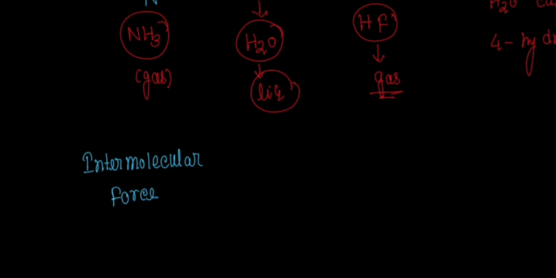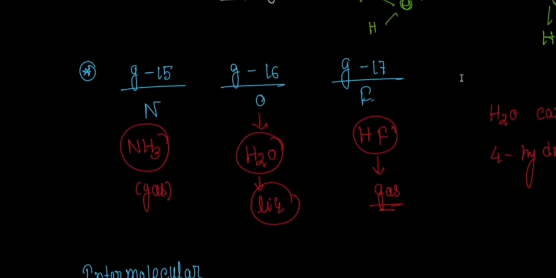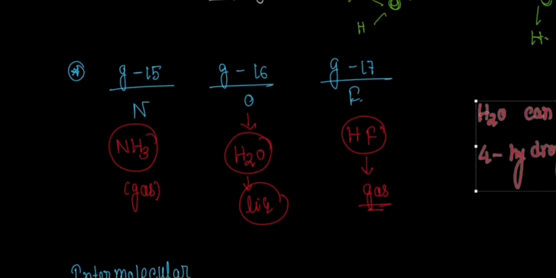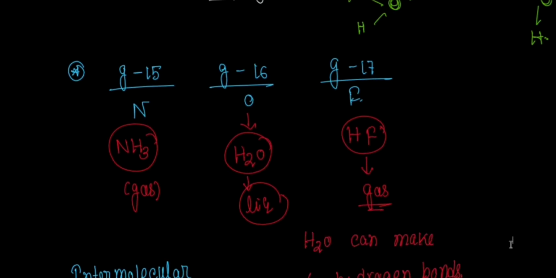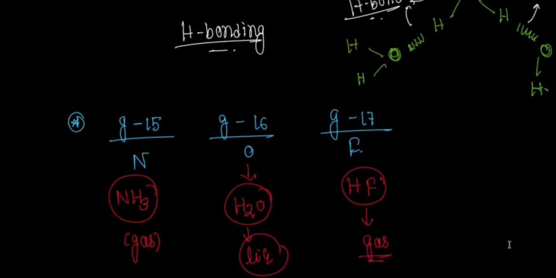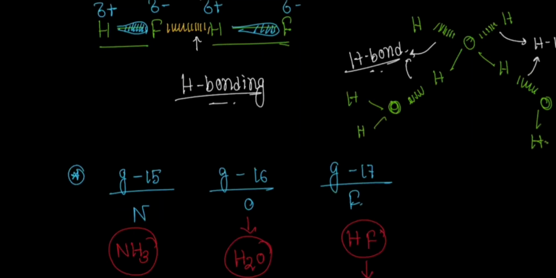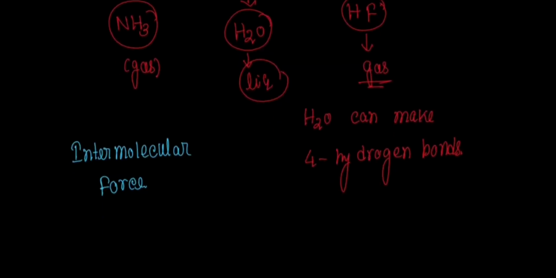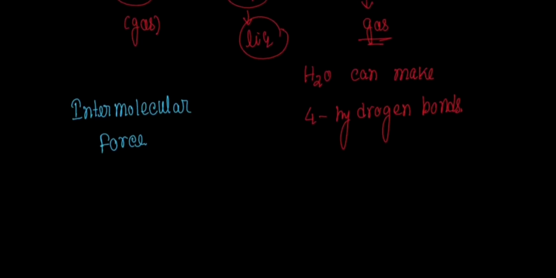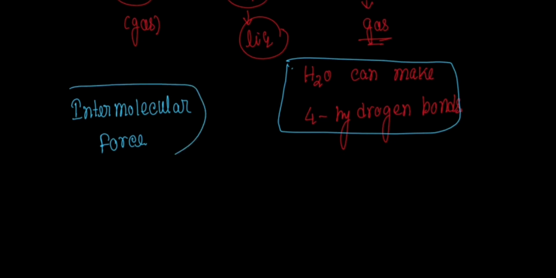it might be difficult for you to see over here, so let's not write it. Water can make four hydrogen bonds. This is what I have. Now, intermolecular forces: if you have more intermolecular forces, then what would happen?